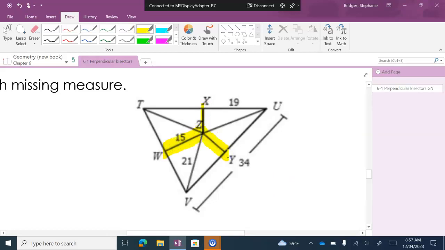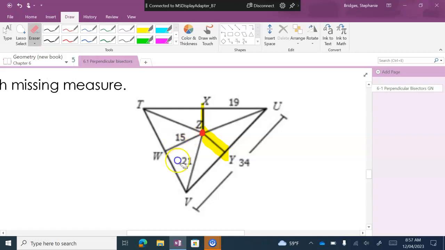Do you see how they hit the sides of the triangle? What that means is that this point here in the middle, point Z, is my circumcenter, which it tells you in the directions of that question. What the theorem says is Z is going to be the same distance from each vertex of the triangle. That means each corner of the triangle.